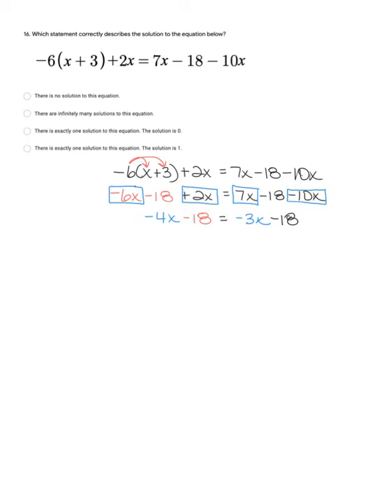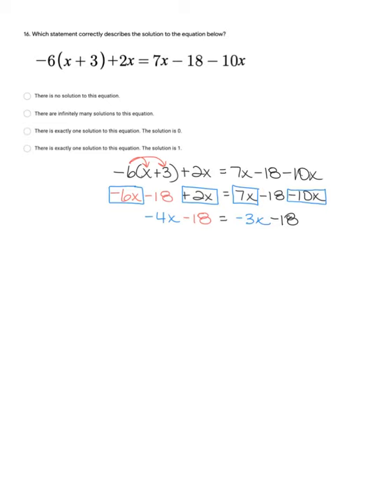We can see that the x terms are different. So because the x terms are different, we know that this equation has one solution. We do not care about the constants, because once we know that x terms are different, we know that this equation has one solution. So now we need to solve the equation.